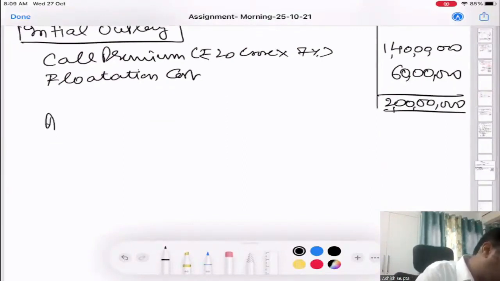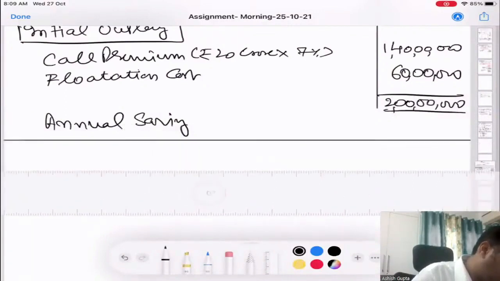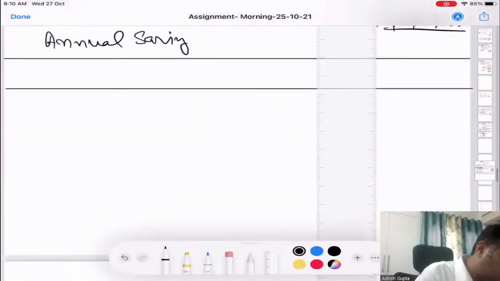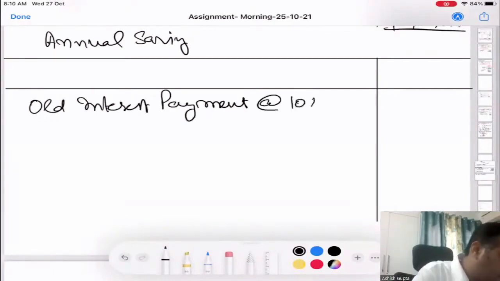Now we are coming to annual saving. Old interest payment at the rate of 10% on 200 lakh, that is 2 crore.